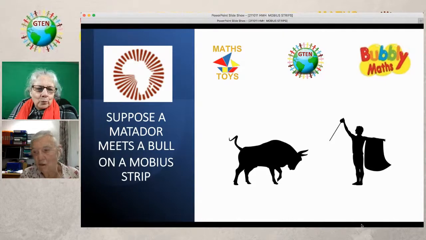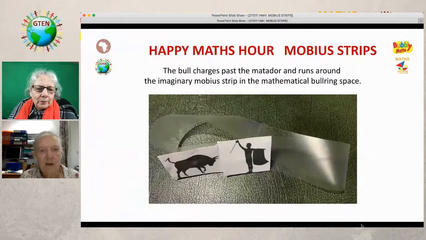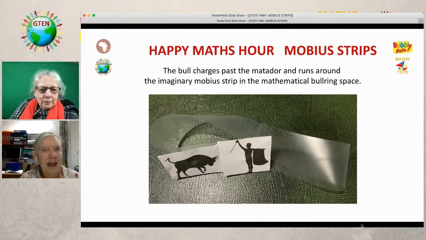So what are we going to do with our matador? Okay, so the bull is going to charge past the matador and run around the imaginary Mobius strip in this mathematical bull ring space. And we're going to see what happens.